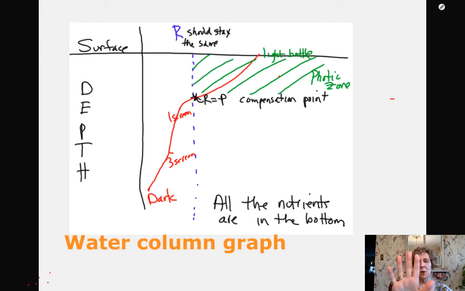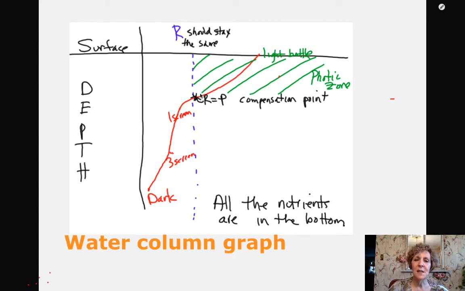If you look at some pond water from the side, if this was the surface of the pond, and as I'm going down in my water column, I'm getting deeper and deeper. I can see that in the photic zone, where light can penetrate, I'm going to have photosynthesis going on, right? And remember, photosynthesis and cellular respiration, so those producers are going to be doing both.